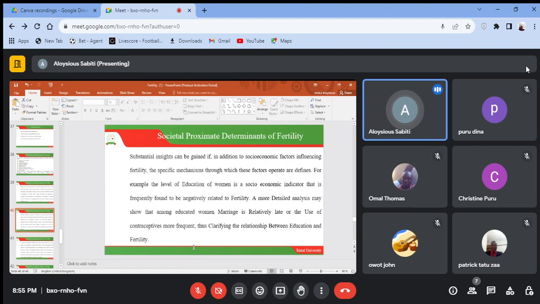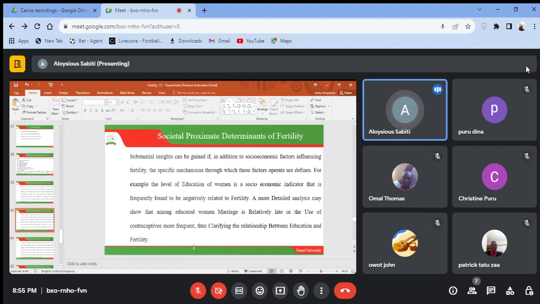So a more detailed analysis may show that among educated women, marriage is relatively late, or the use of contraceptives is more frequent, thus clarifying the relationship between education and fertility. In general, these are the biological and behavioral factors through which socioeconomic, cultural, and environmental variables affect fertility.